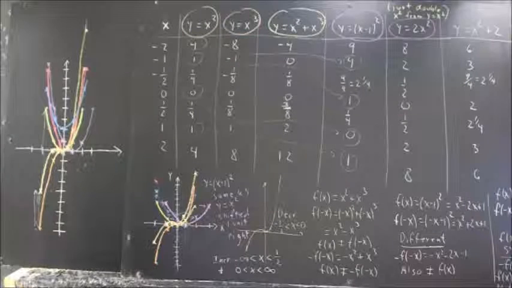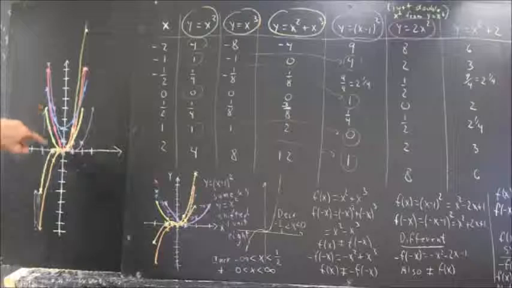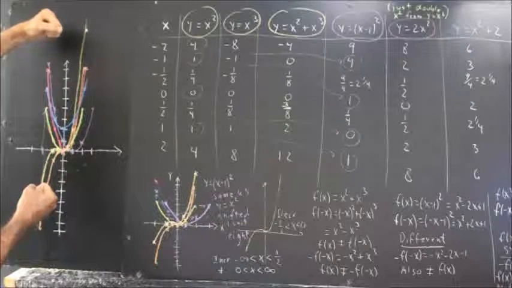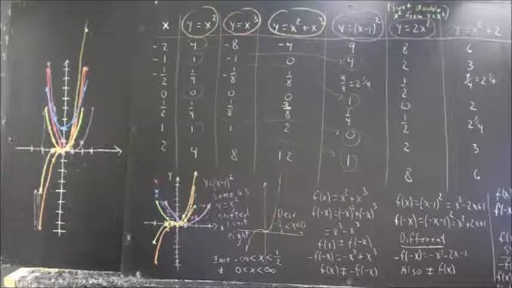Our y equals 2x squared graph, the red graph, appears to be a whole lot like the y equals x squared graph, except it's stretched out twice as high. And the y equals x cubed graph, of course, has its own characteristics.